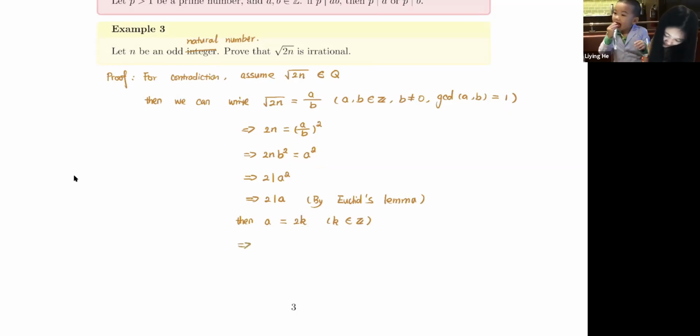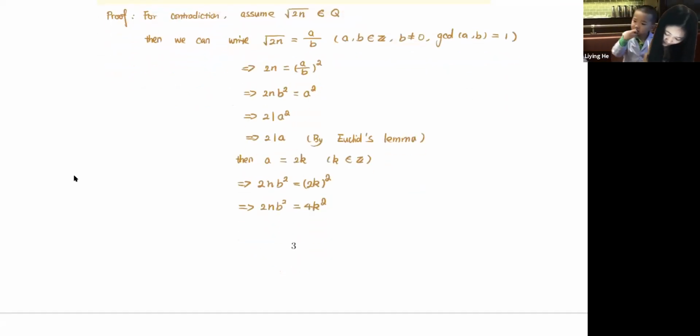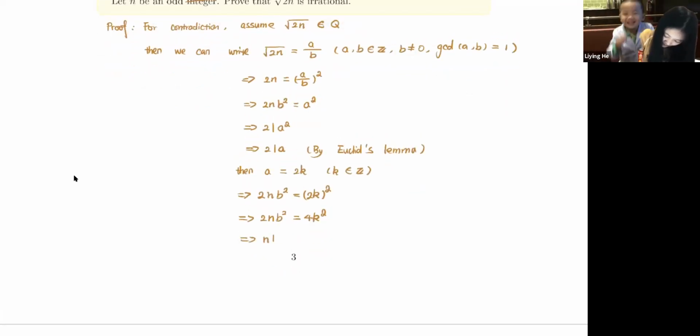So this will give us 2n b squared equals 2k squared, which will give us 2n b squared equals 4k squared, which is the same as n b squared equals 2k squared. Okay? Since we have this, we know that 2 must divide b squared as well.